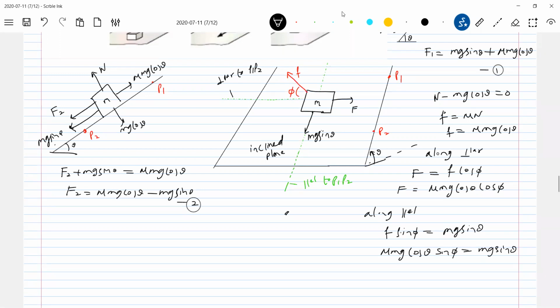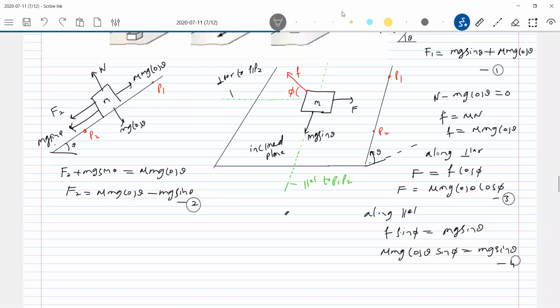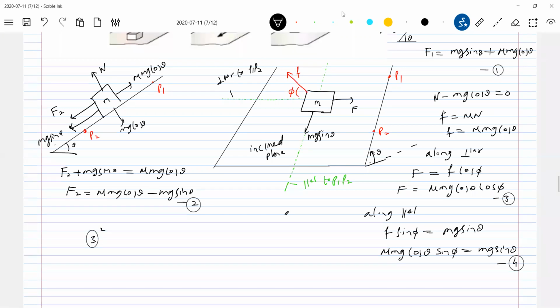So I'll call these equations 3 and 4. Squaring and adding equations 3 and 4, it's all about mathematics now.